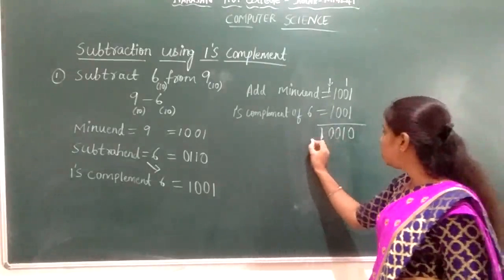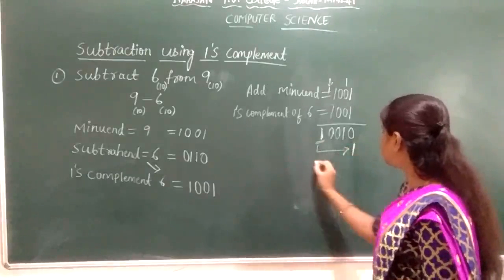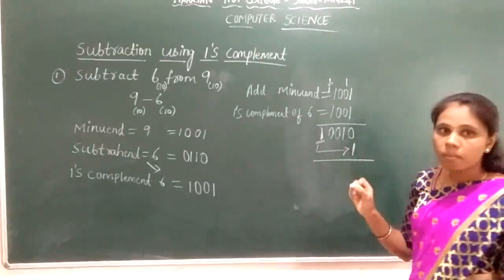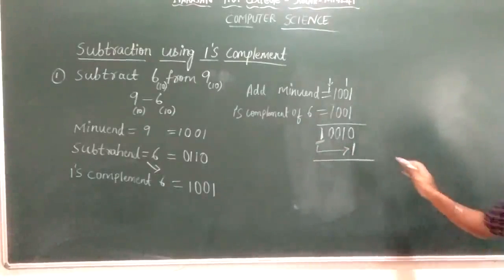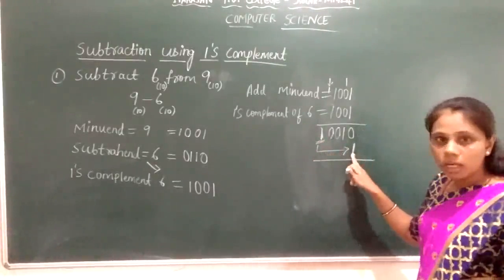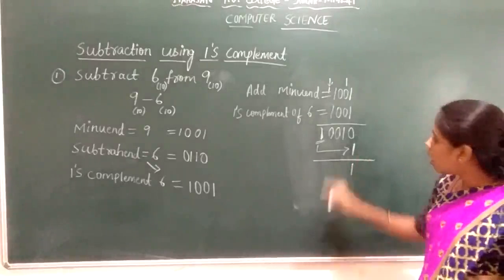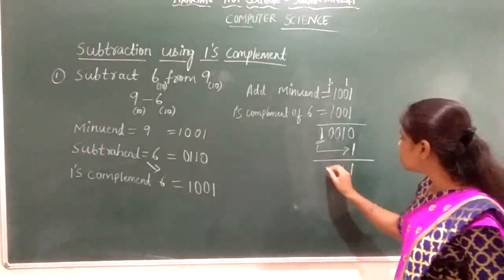Now I will add it. This 1 should be added to your least significant bit. 0 plus 1 is 1. Again we have 1, 0, 0.